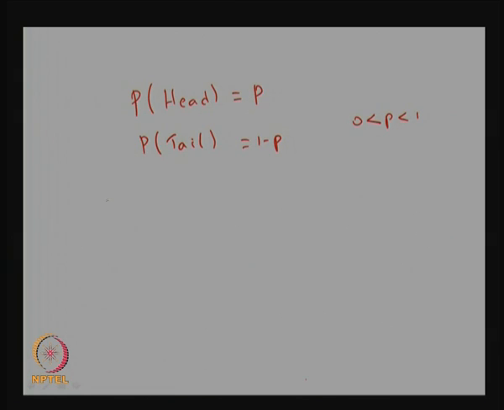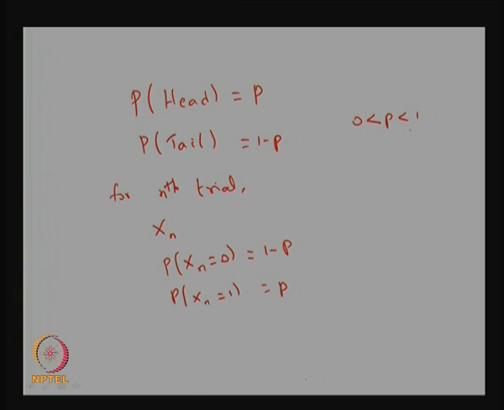Denote, for the nth trial, because you are tossing a coin infinitely many times, the random variable Xn, whose values are 0 or 1. The probability that Xn takes the value 0, that is, you get a tail in the nth trial, is 1 minus P, and the probability that Xn takes the value 1, that is, a head appears, is P, where P lies between 0 and 1.